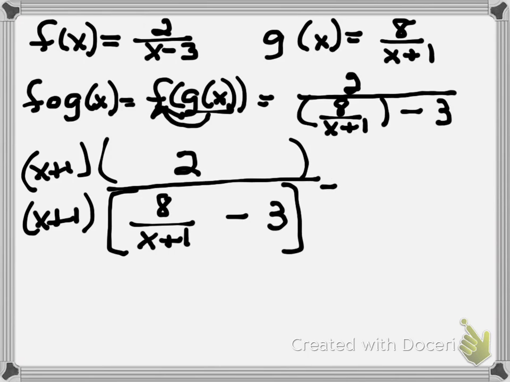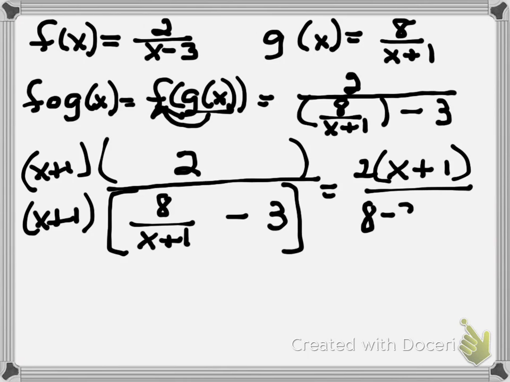In the numerator, I have 2 times x plus 1. In the denominator, 8 over x plus 1 is being multiplied by x plus 1 over 1. So the x plus 1's divide out, and we get 8. But then I still need to multiply x plus 1 times negative 3.